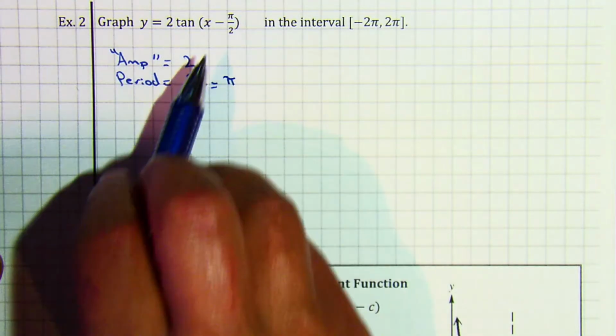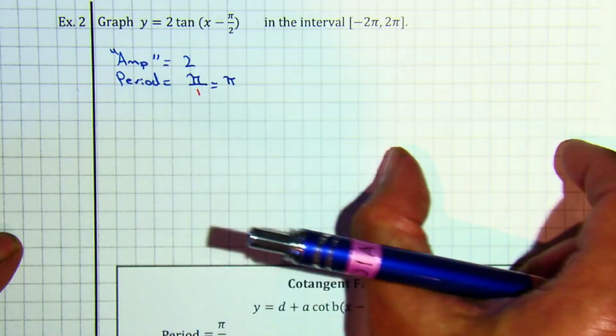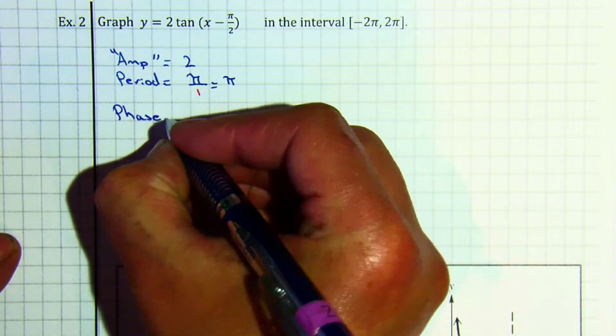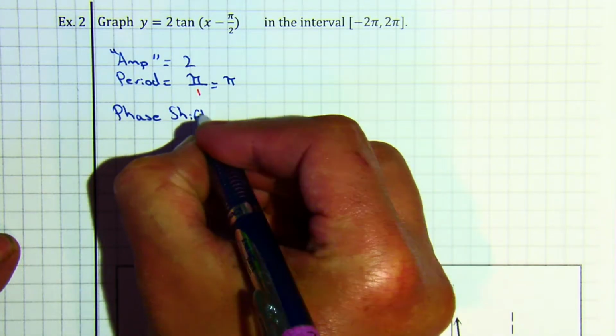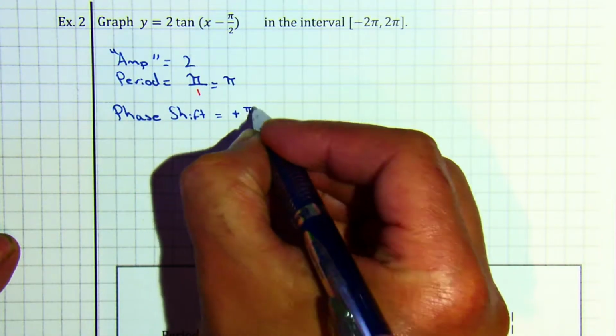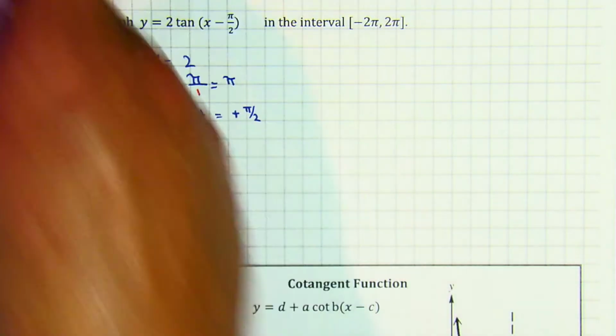Next, this is going to be your phase shift. It's your horizontal shift, but we now call it a phase shift. And it's negative, so therefore it's going to shift to the right. There's no vertical shift. And now your asymptotes.